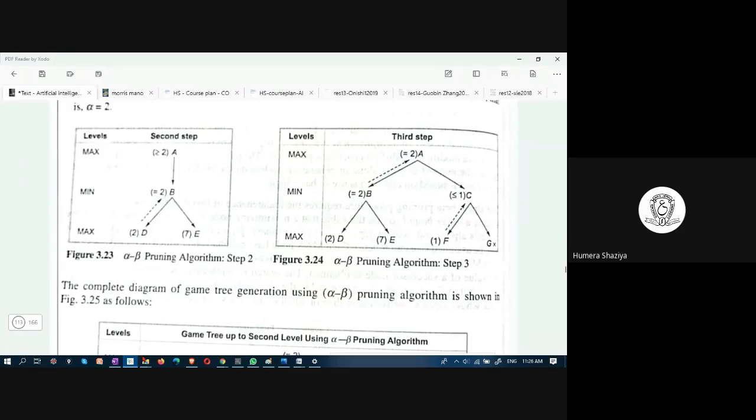In the third step, out of 2 and 7, min is choosing 2. Out of 1 and the value not given here, it wants less than or equal to 1. And out of these two, Max is choosing 2 because 2 is higher. Here it would come 1 or less than 1.